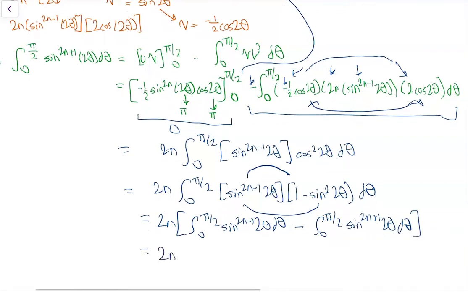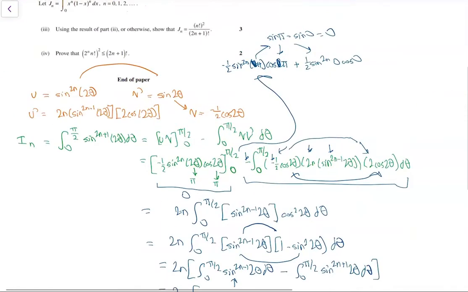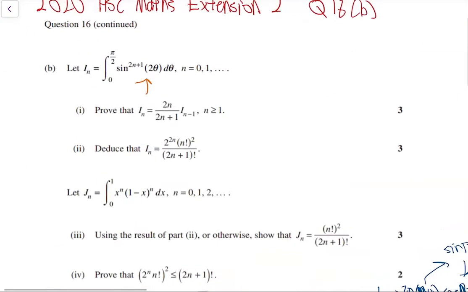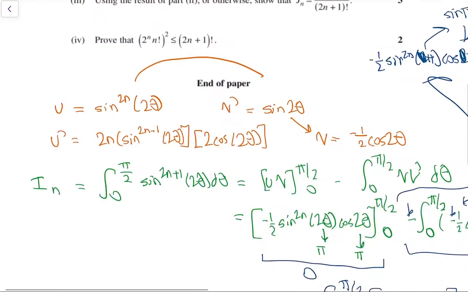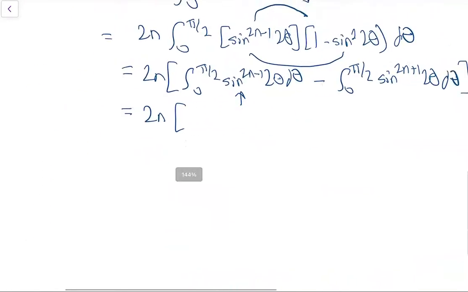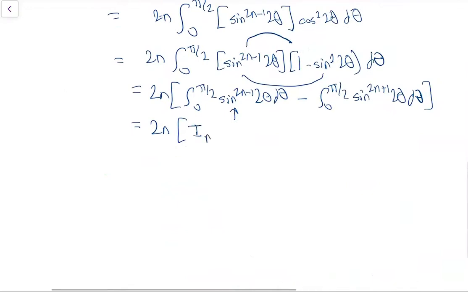And in fact, this first integral over here is the same as replacing n with n minus 1 over here. So this is the same as I_(n-1) minus, and we've gotten I_n back again. Not I_(n+1), it should be just I_n. So I_n is equal to something in terms of itself. So we have I_n on both the left hand side and right hand side.